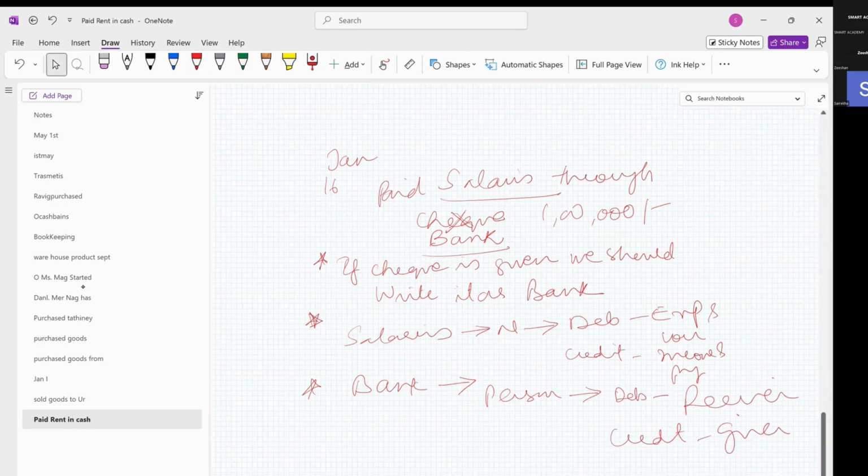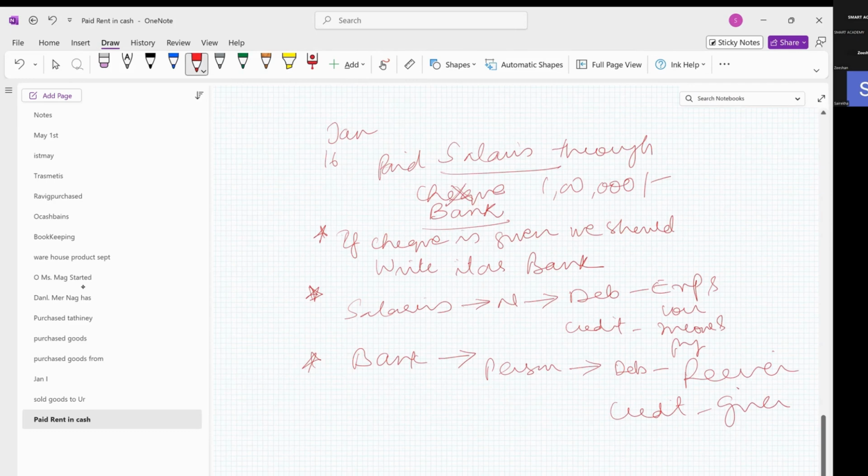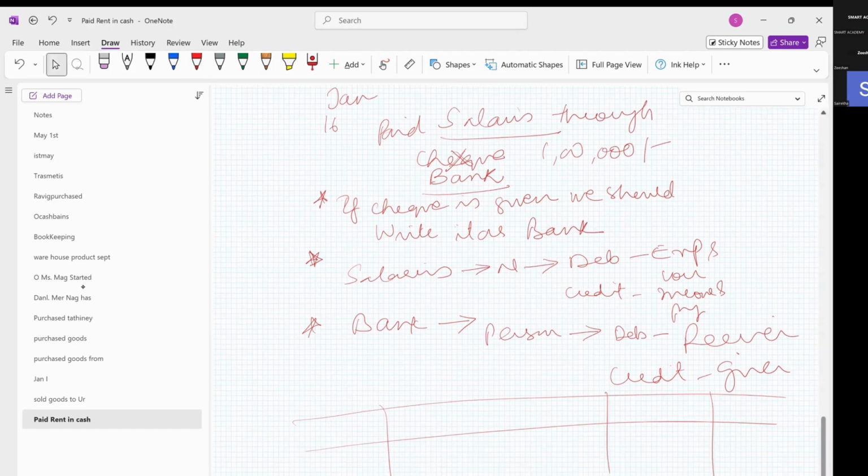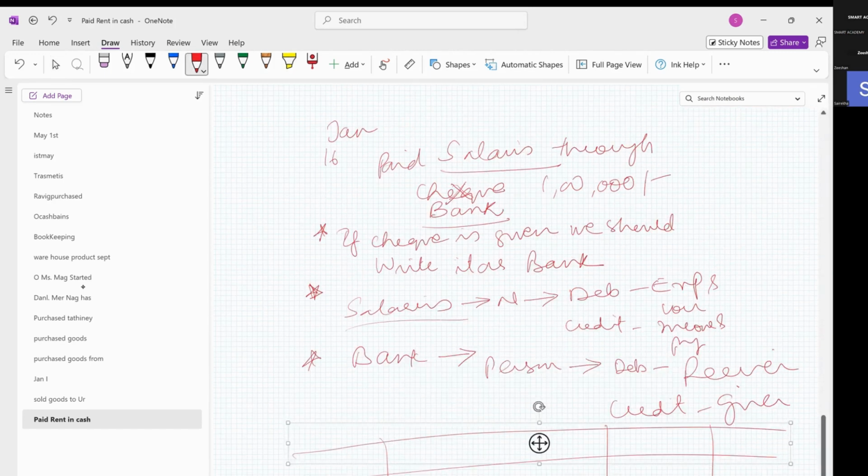Now we'll write a journal entry. I'm not writing headings because you know what to write, right? Now first we'll start with salaries. Salaries is an expense or income to the business? Expense.